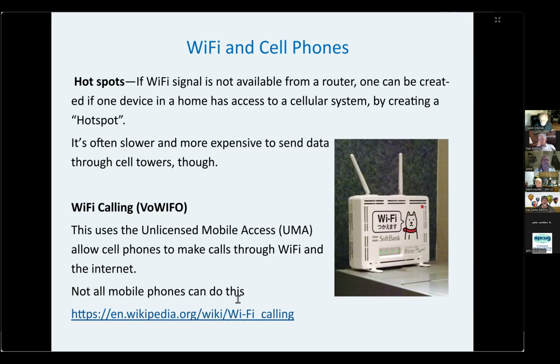But apparently it's becoming more common, and some cell phones are having it built in to them that if you're on the cell system and then you come to a place with Wi-Fi, it can switch to using Wi-Fi. Or if there's no cell signal, it'll try for a Wi-Fi and that sort of thing. So there's a Wikipedia article about that too, and I haven't tried to do that. I'm sure my phone won't do it. It was only an $80 phone, so there.